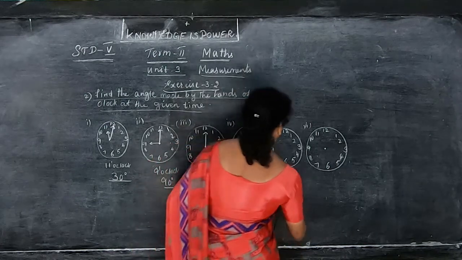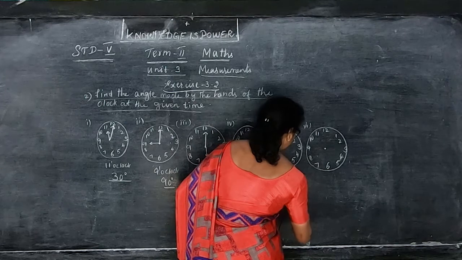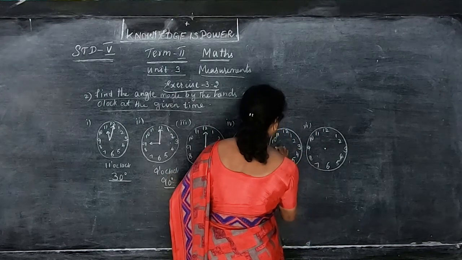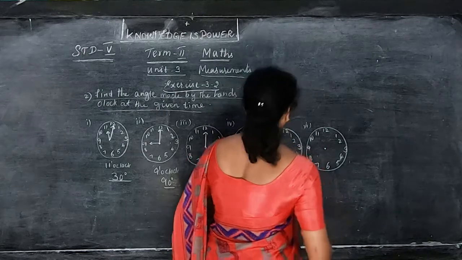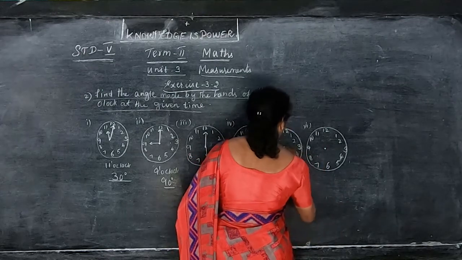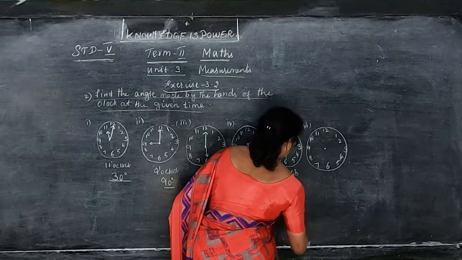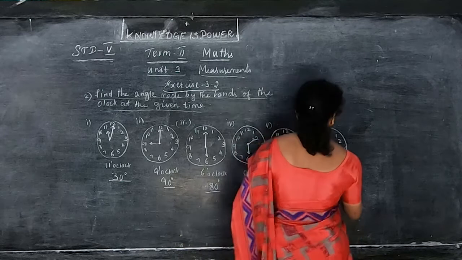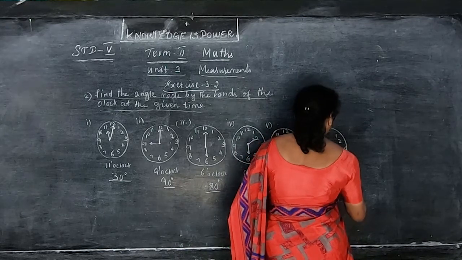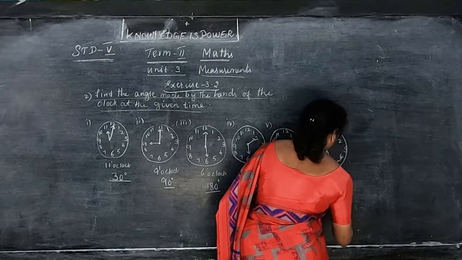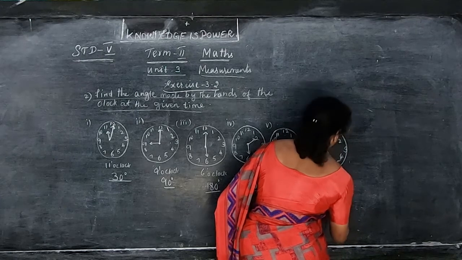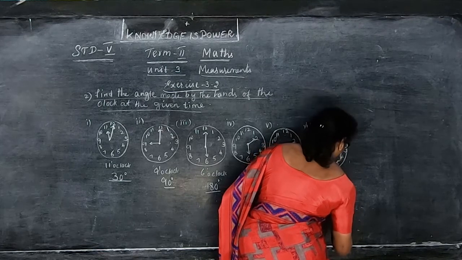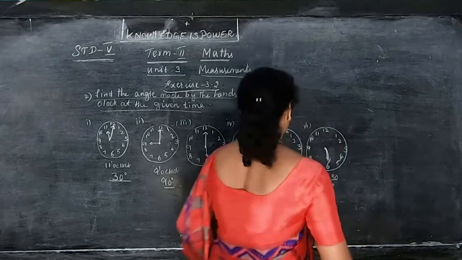Then 6:45. 6:45 is 90 degree. This is the right angle. And the next one is 6:30. Both come in the same place. So 6:30 is the 0 angle, 0 degree.